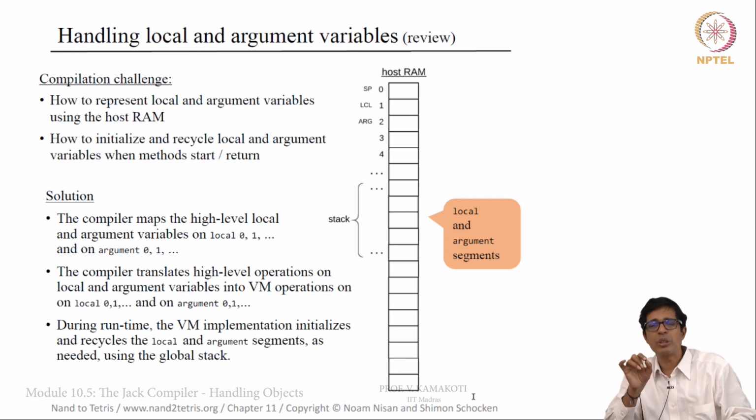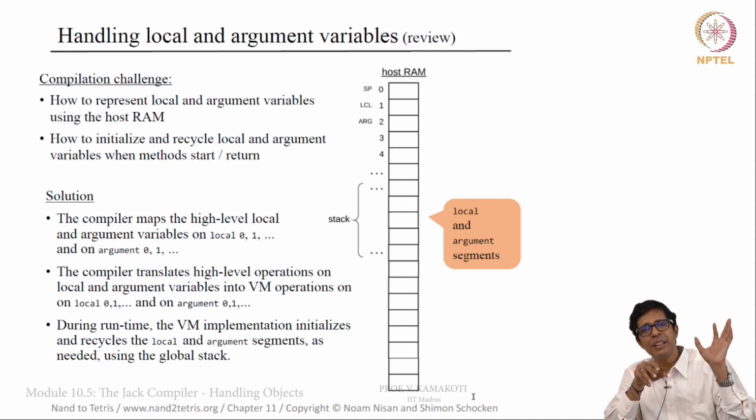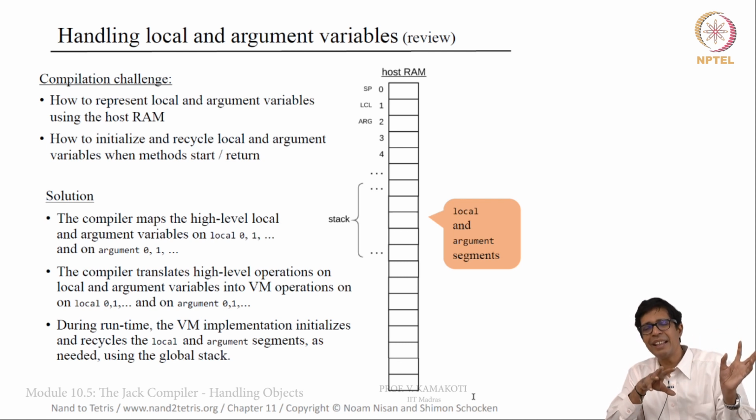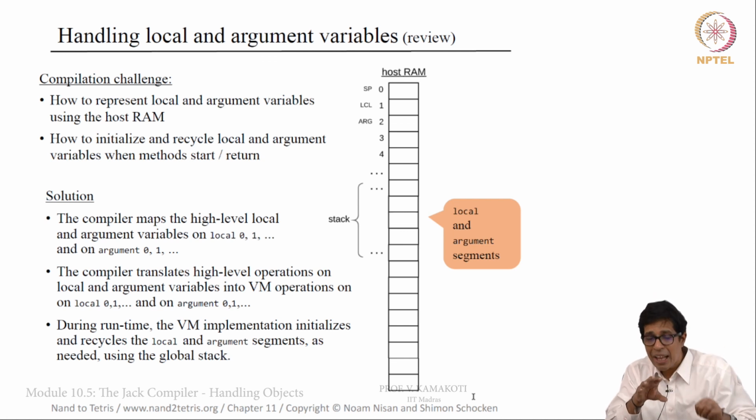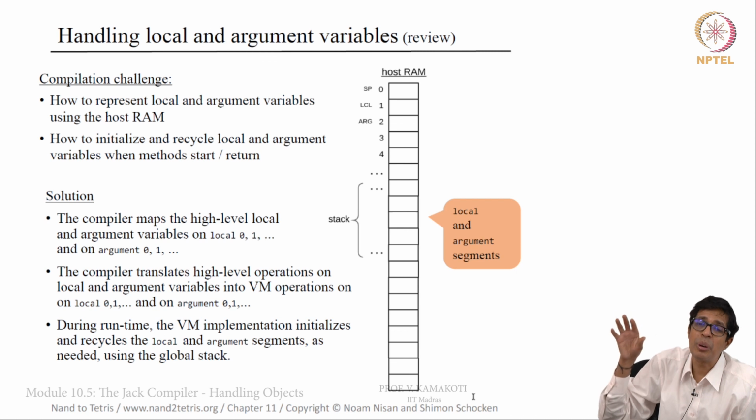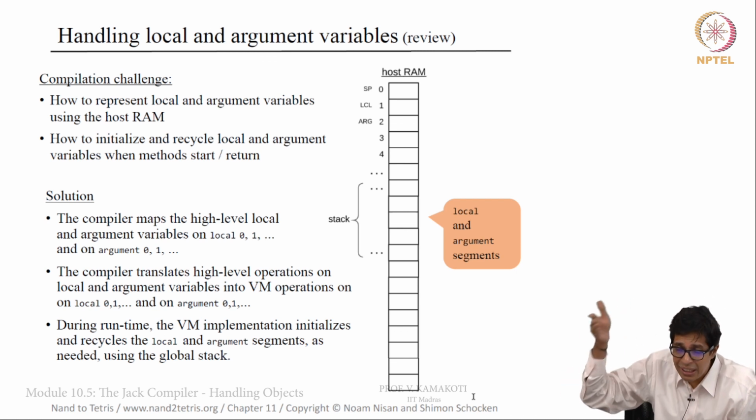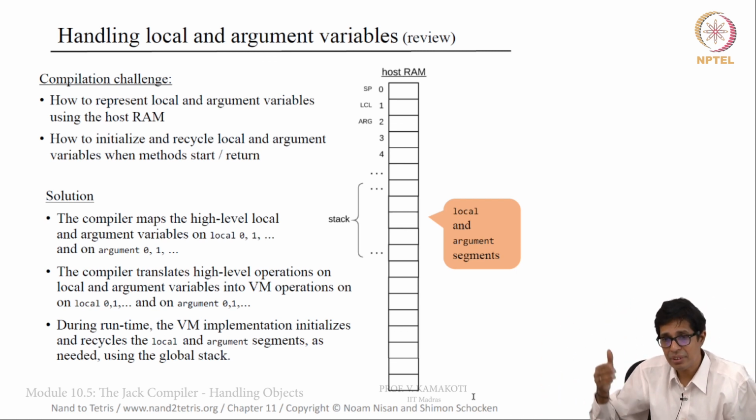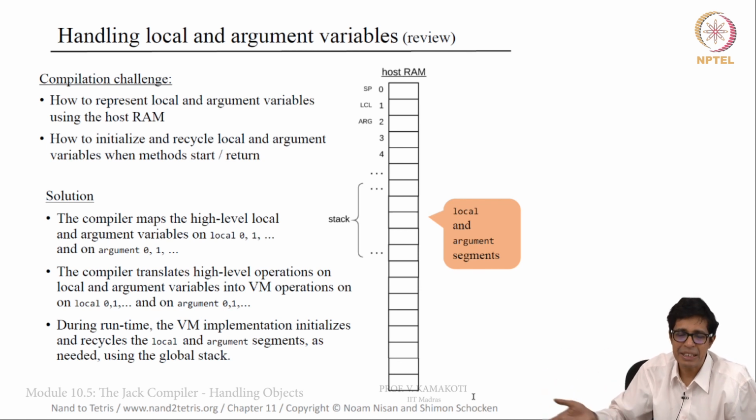If you just invoke that call, the way we have implemented call in the VM will take care of setting up the local and argument segments for the called subroutine, that is B.